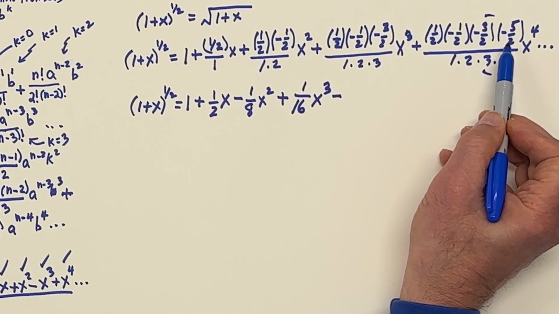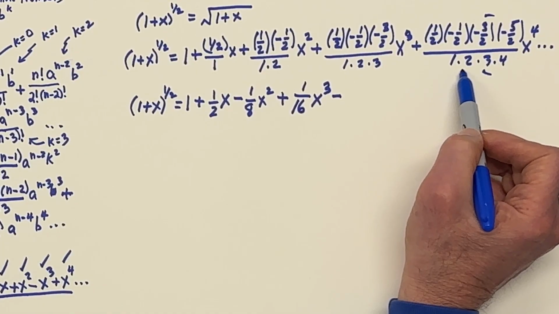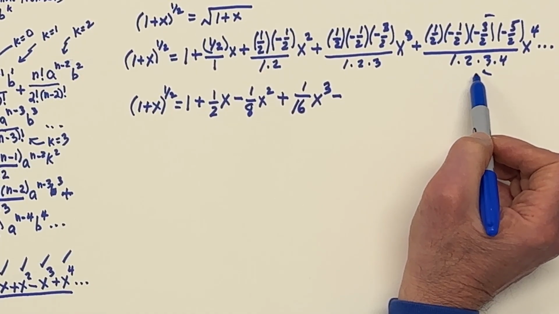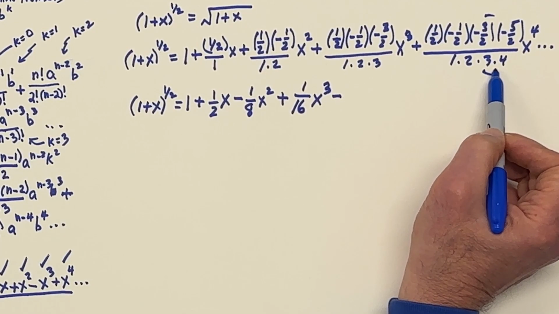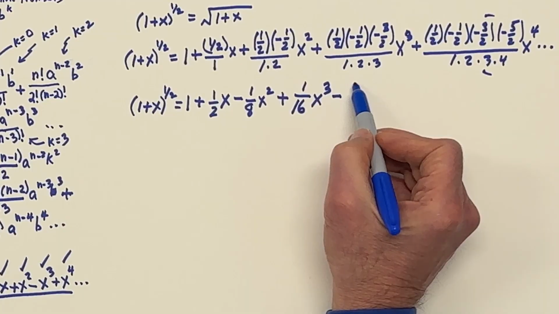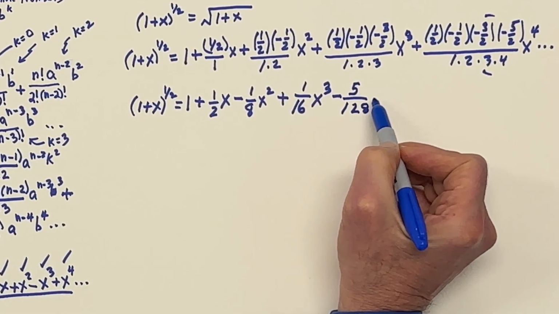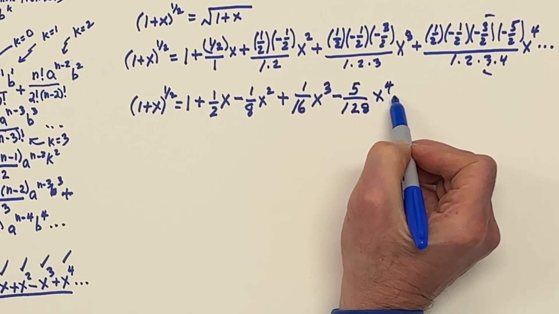And then we're going to have here divided by 2 again. So that's in the denominator, it's going to be 32. And then 4 times 32, well, if you double 32, you get 64, and double again, 128. So this is going to be 5 over 128 times x to the fourth.